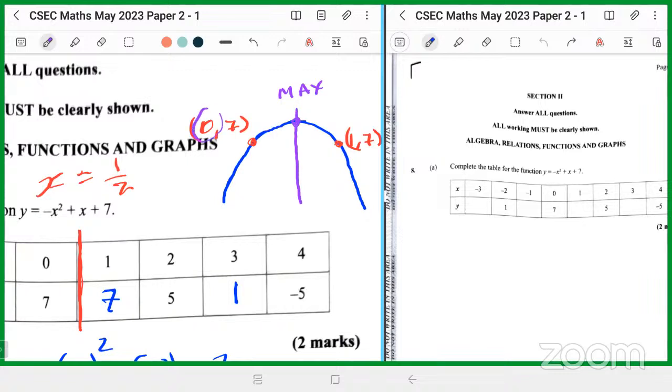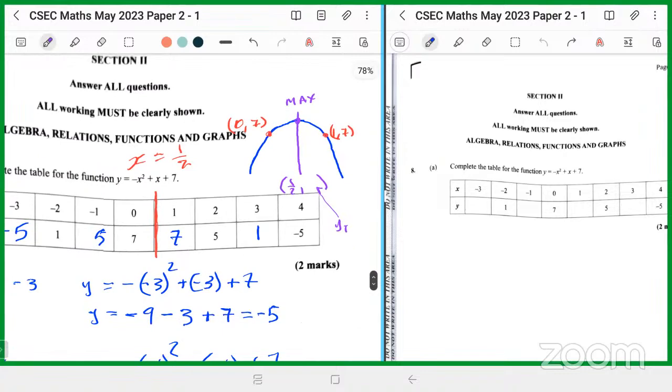Now, because this x value is 0 and this x value is 1, the halfway mark between 0 and 1 is a half. So right here, the x value is a half. It's just a matter of working out the y value at the turning point now. So I already know where the axis of symmetry is: x equals a half. Do you understand that, guys?